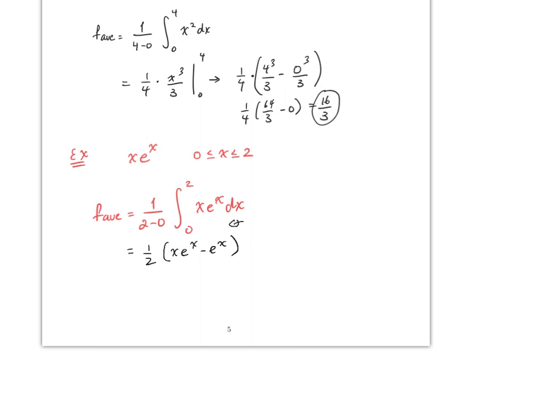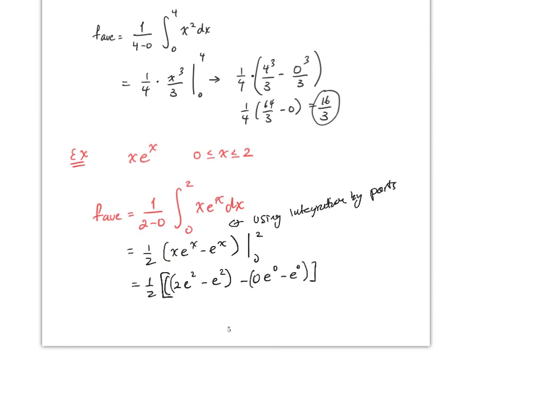This is using integration by parts, and this is from 0 to 2. So in this case it will be 1/2. It will be 2 e to the 2 minus e to the 2 minus 0 e to the 0 minus e to the 0, which is 1.